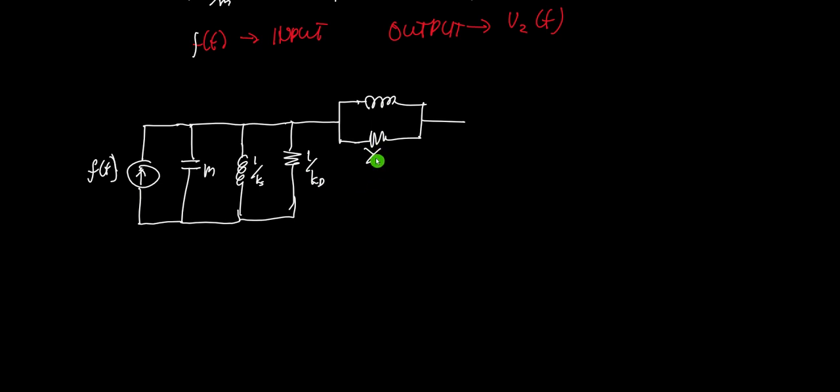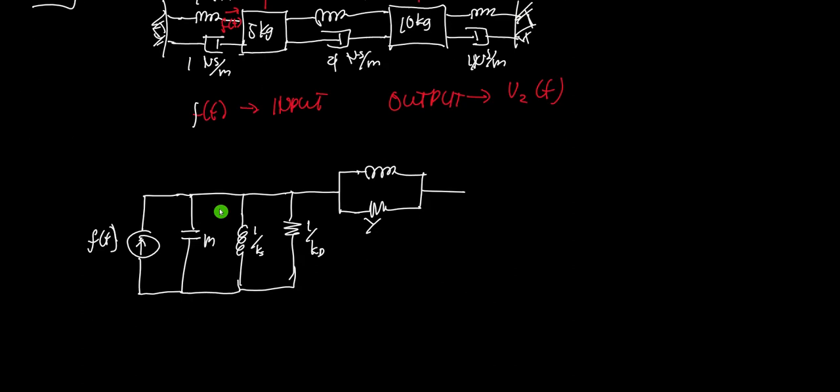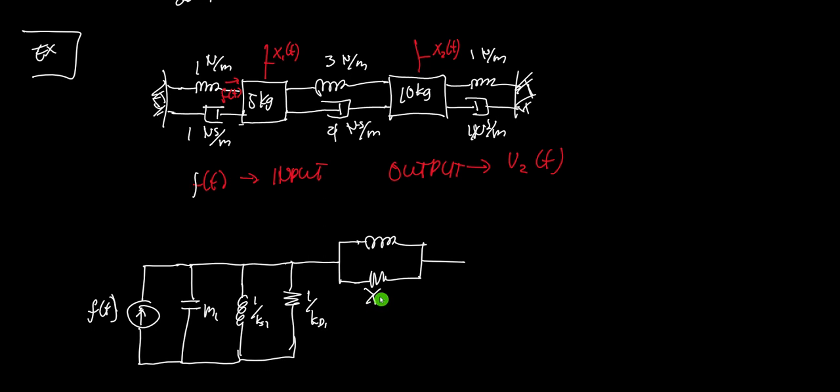And because this is Kd, let's just call it 1. M1, Ks1, Kd1. And for the one in the center, this is 1 over, let's call it Kd2, and this one 1 over Ks2 for the spring constant here.